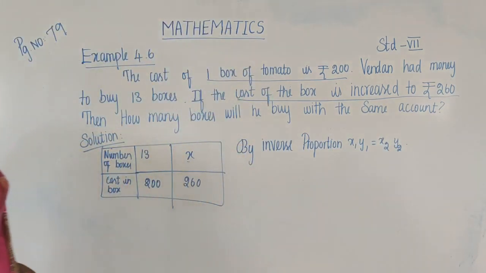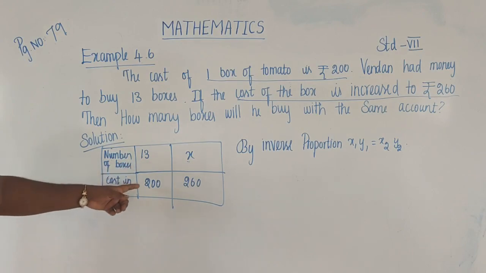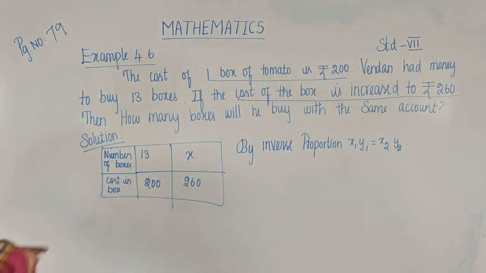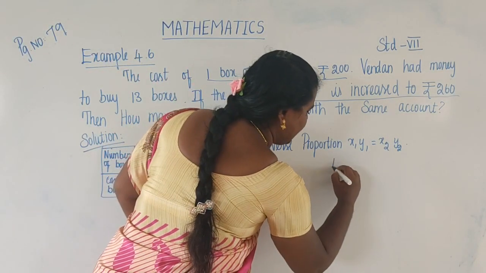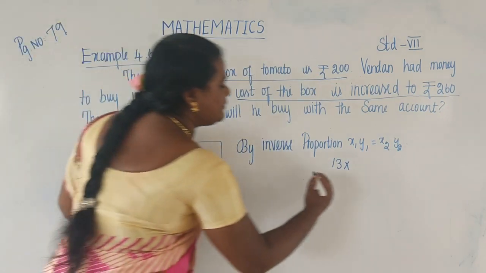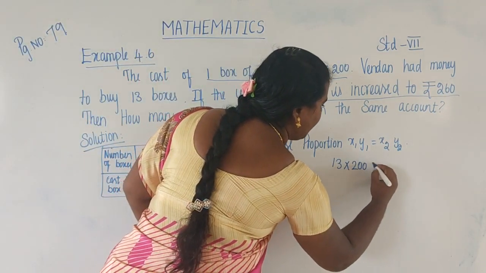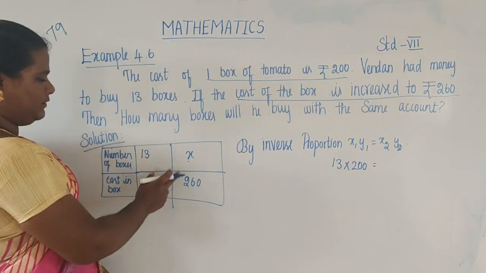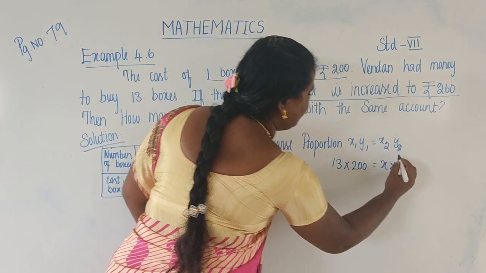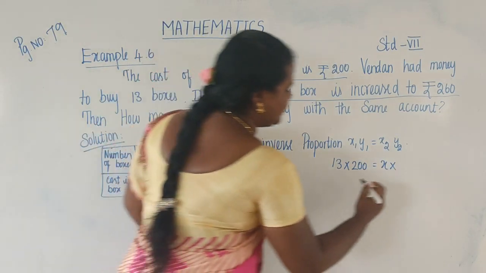Okay, where is x1? This one is x1, this one is y1, this one is x2 and this one is y2. So 13 multiplied by y1, which is 200, equals x2, which is x, multiplied by y2, which is 260.